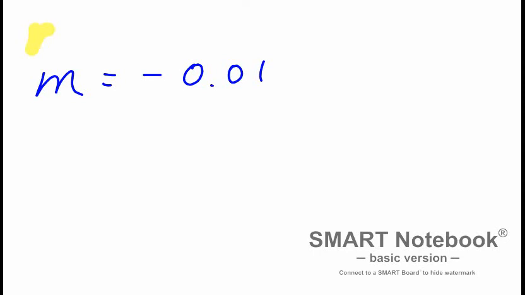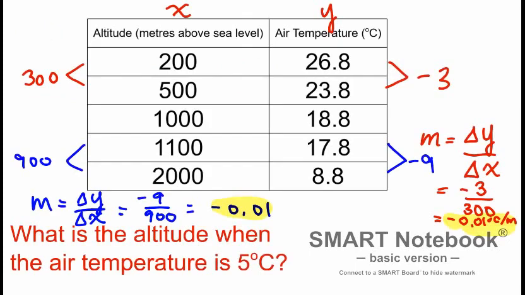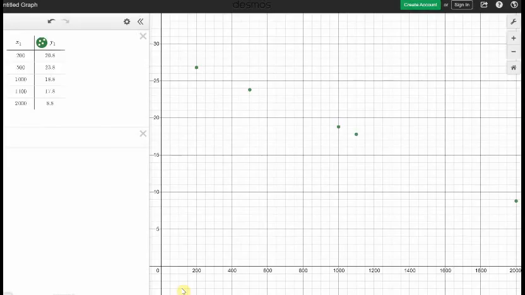All right, that's the slope, that's the rate of change, that's how much the temperature is changing by compared to the altitude. My next thing that I want to try and figure out from this table is, what is the y-intercept? Well, the y-intercept, don't forget, is when the line crosses the y-axis. So just looking at the Desmos graph here, somewhere up around here, right?